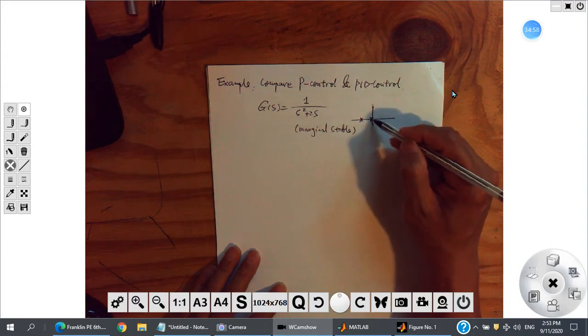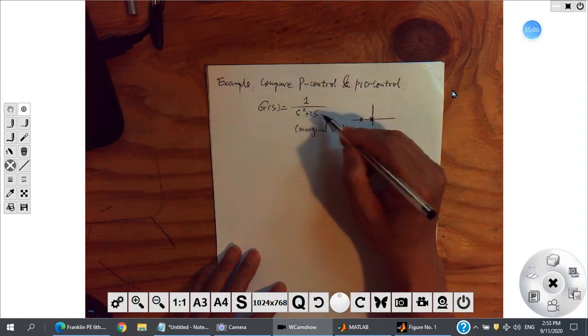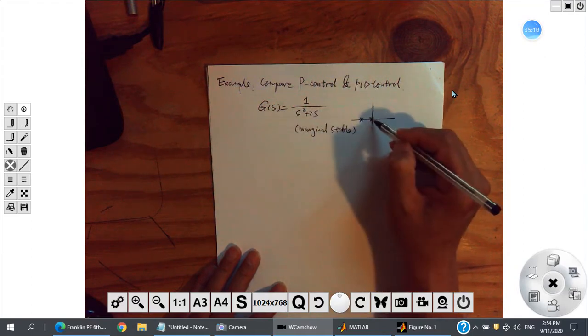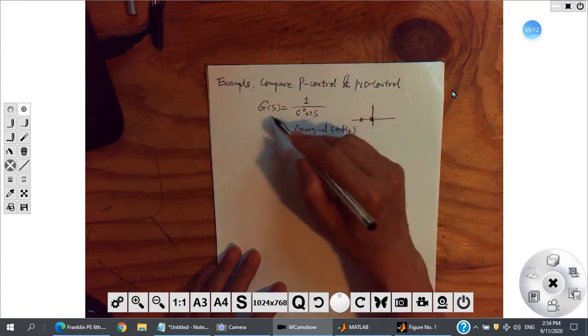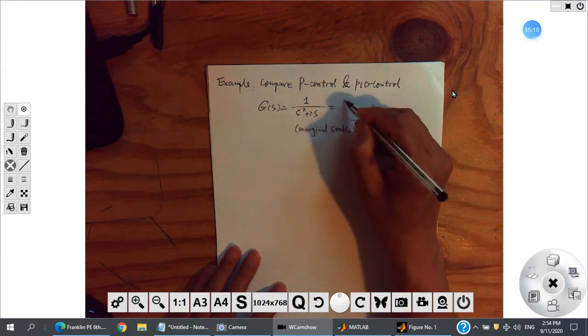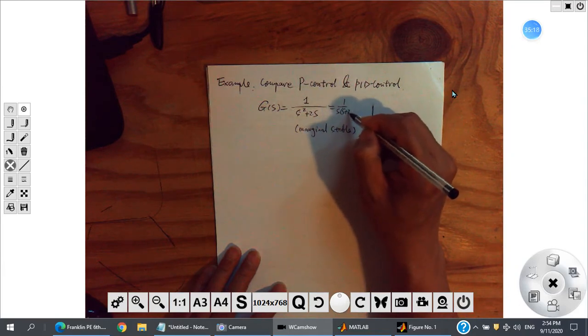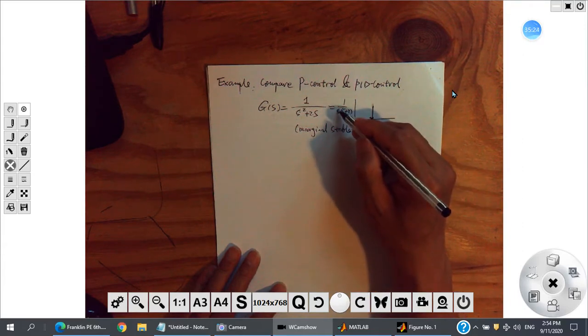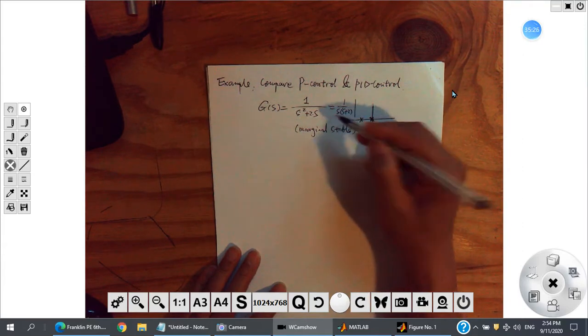If the input is a unit step, 1 over s, then the output will go to infinity. The output will contain a 1 over s squared term, since it is 1 over s times s plus 2. That gives us t.